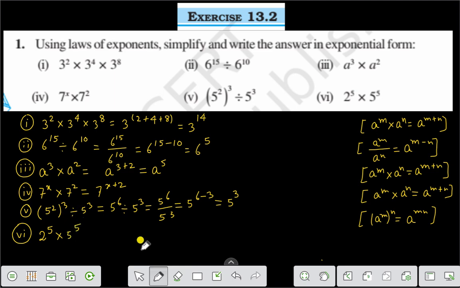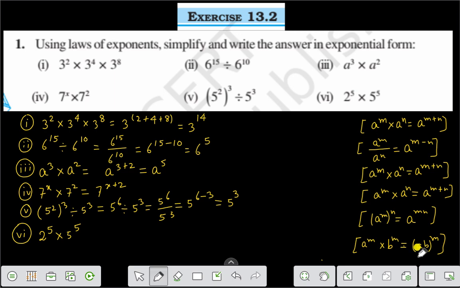Then we can apply this formula: a to the power m into b to the power m, since the powers are the same, can be written as ab to the power m.